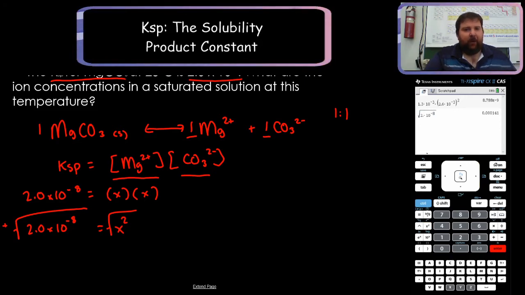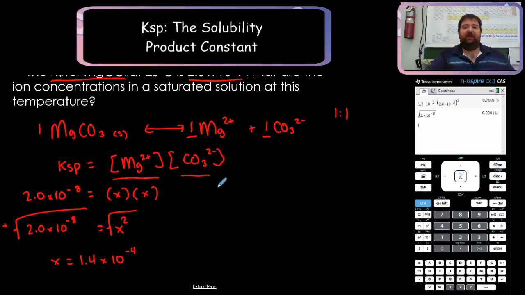I want 2 sig figs again, so 1.4 times 10 to the negative 4. So X is equal to 1.4 times 10 to the negative 4. Now we're not done. We solved for X. We know that each of these are X, so I'm going to write my answer out a little bit better here. The concentration of magnesium ions is going to be 1.4 times 10 to the negative 4.